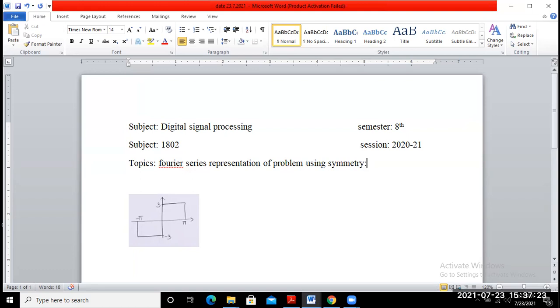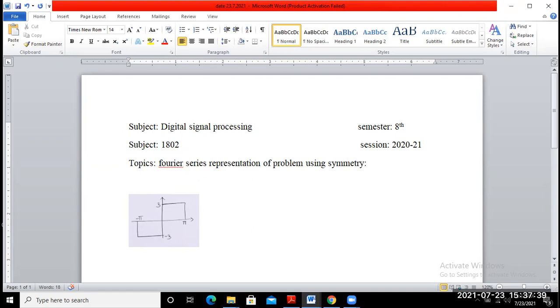If any waveform follows any of the three types of symmetry, even symmetry, odd symmetry, and half wave symmetry, what is the condition?